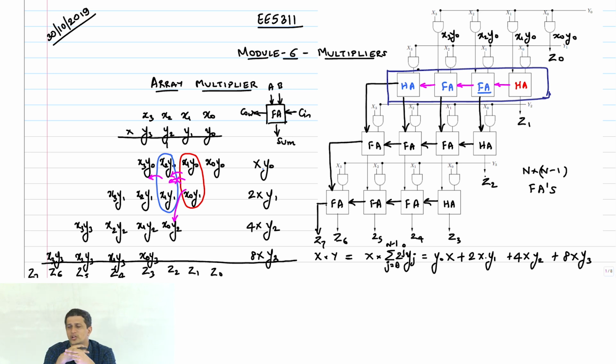But it is possible to generate other kinds of partial products easily. For example 2x is just shifting left. You can exploit this in order to reduce the number of partial product additions. If you treat this y3, y2, y1, y0 as a base 4 number as opposed to a base 2 number, then you will get only two partial products, but the kind of partial products that you have to generate will be different.